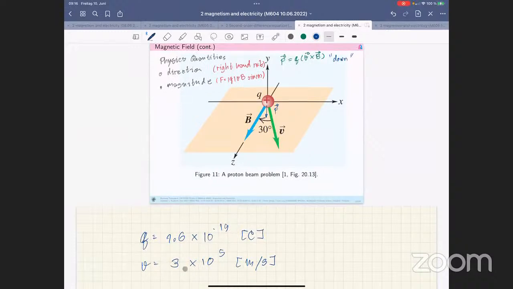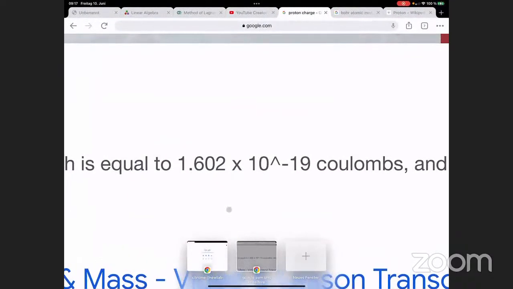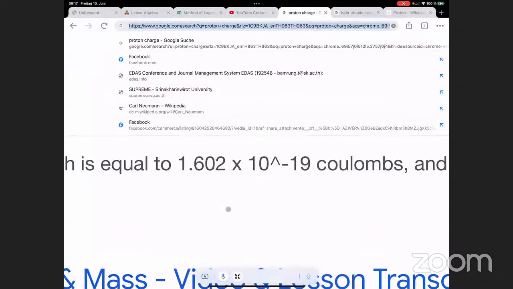If the speed is very close to the speed of light, like 3 times 10 to 8, this formula will not be valid. You have to use the speed formula from relativistic theory. In this scenario, we have only 3 times 10 to 5, which is not so close to the speed of light. We can use the typical formula in physics. But if you have some speed that is close to the speed of light, we cannot use that.